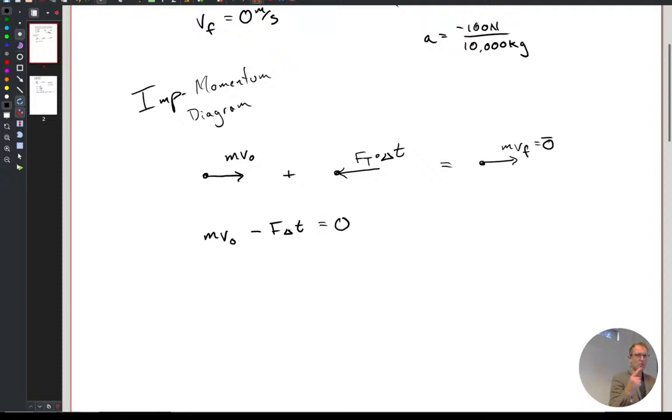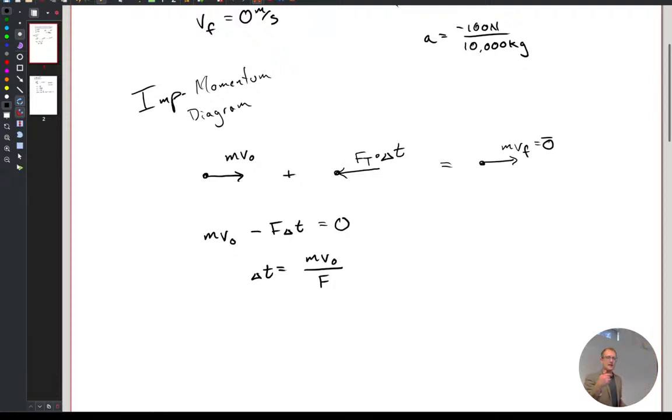And I have one equation, one unknown. I don't need another kinematic equation or anything. Delta t is mv0 over f.